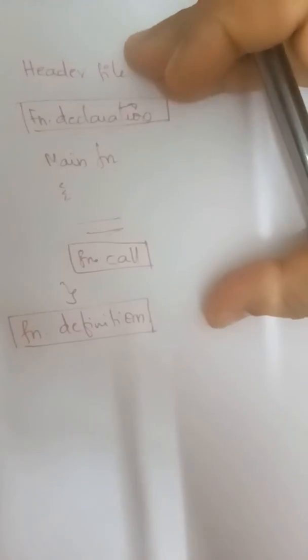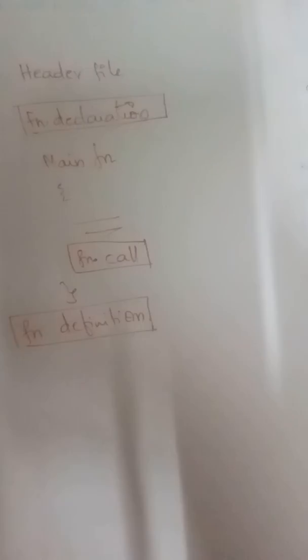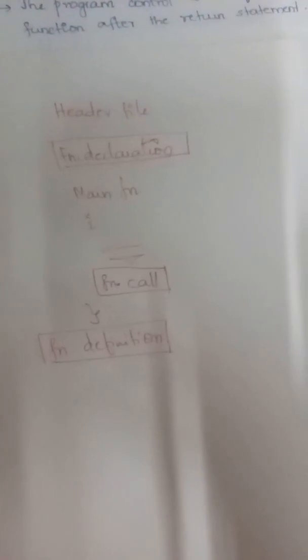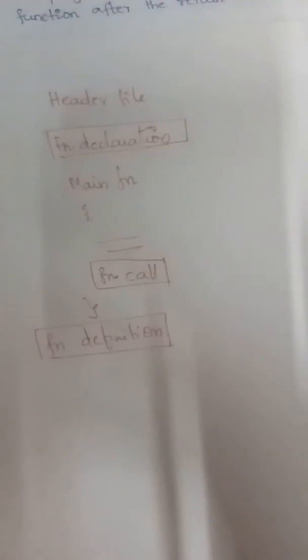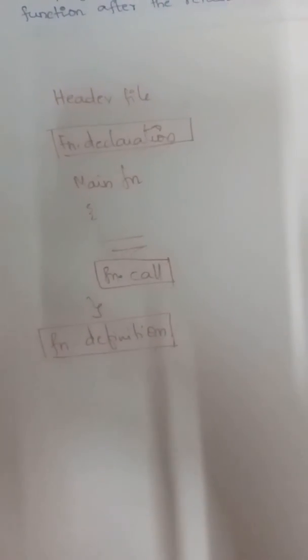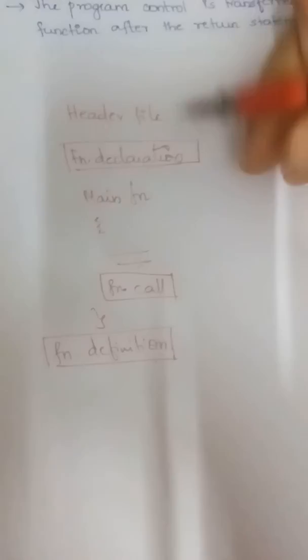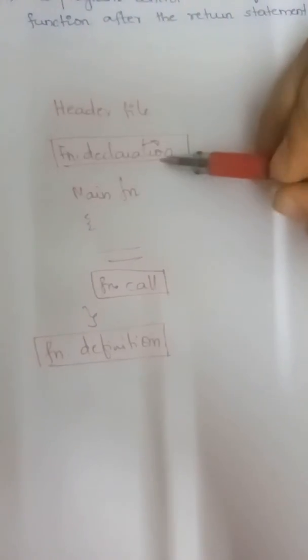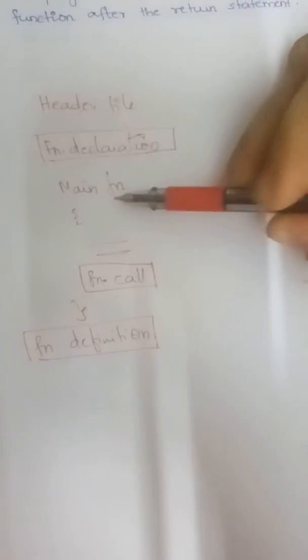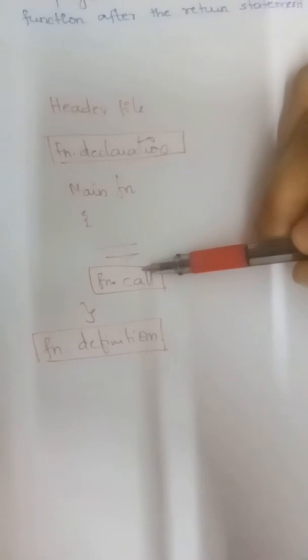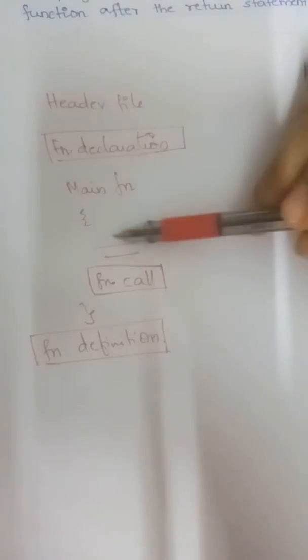Now when you add two numbers, the input is two numbers, you have to get the two numbers. The processing is that you have to add the two numbers and store the result in another variable, and your output is to display the sum of the two numbers that is stored in C. Once you declare the function, inside the main function you call the function.